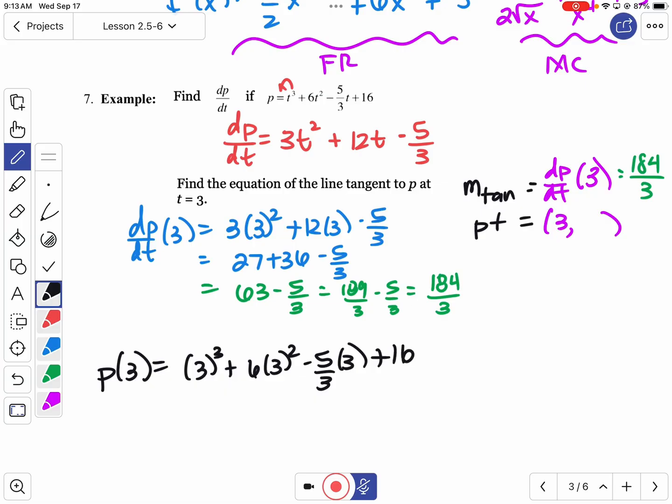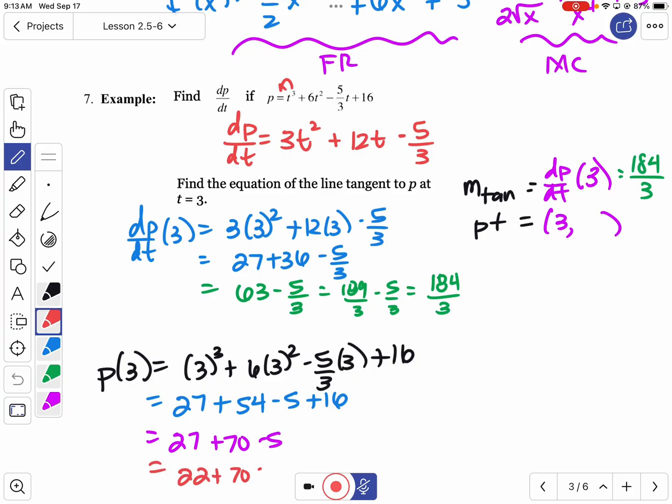Thank goodness we're going to lose that fraction. Okay, right? So 3 cubed would give me 27. 6 times 9, 54, minus 5 and plus 16. Just got to do a little bit of arithmetic there. I'm going to keep the 27. 54 and 16 would be 70 minus 5. Or 22 plus 70, which would be 92.